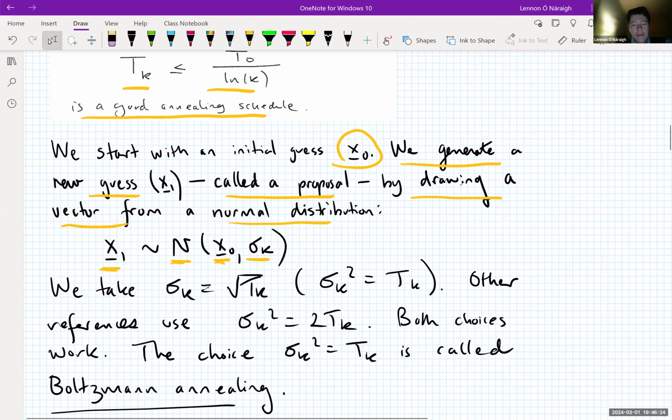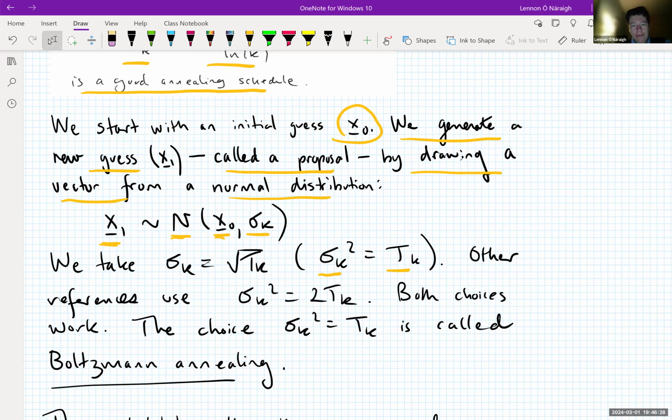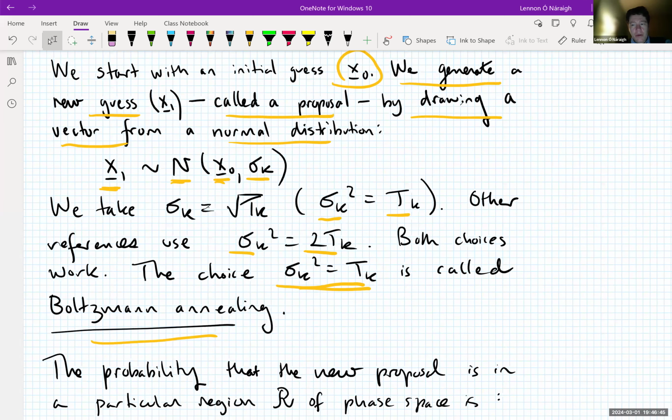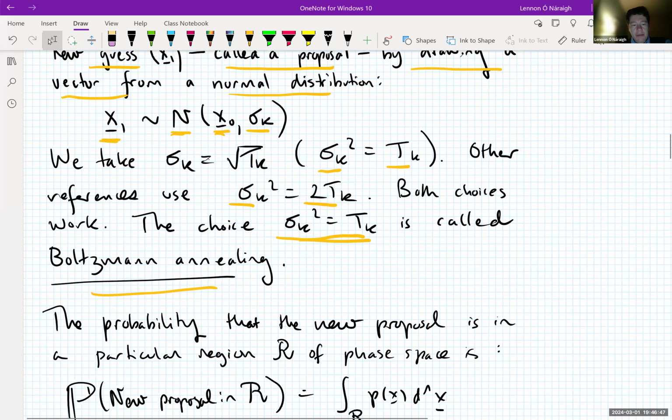We take sigma k squared to be Tk. In other references, you'll see sigma k squared equals twice Tk. Both choices work. This particular choice is called Boltzmann annealing. This is how we generate the proposal: we draw a proposal from the normal distribution centered at the previous state, x0, with a standard deviation of sigma k.